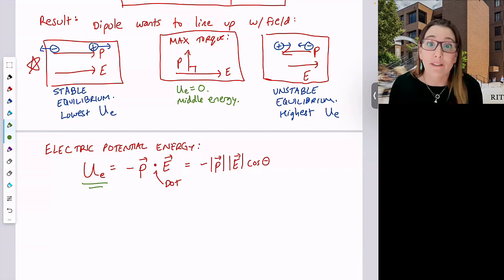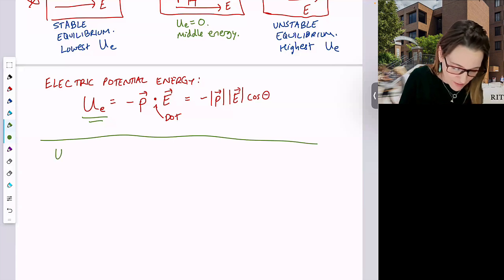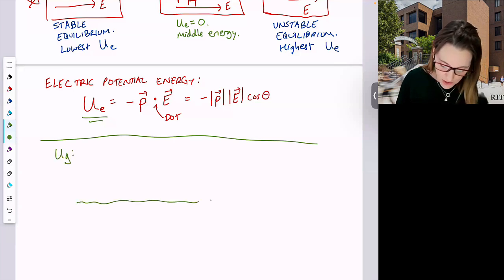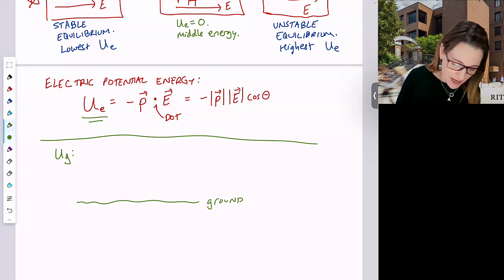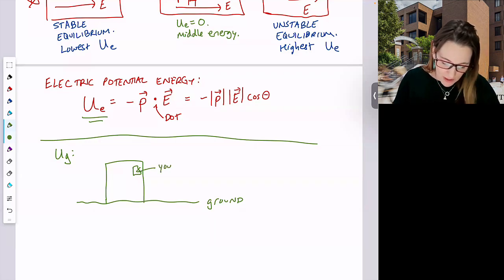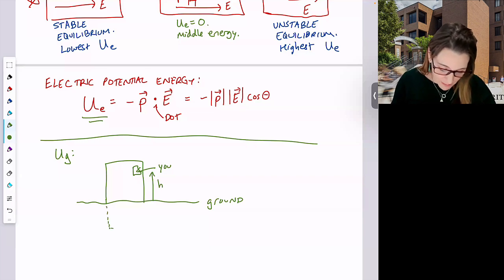So think about gravitational potential energy. If I have the ground, and then I have a building, and say you are on the 3rd floor of the building, some height h above, and then let's say there's a basement, and Bob is in the basement.